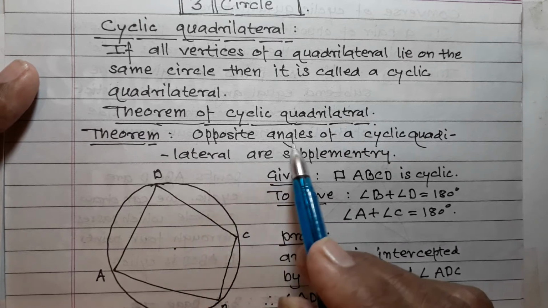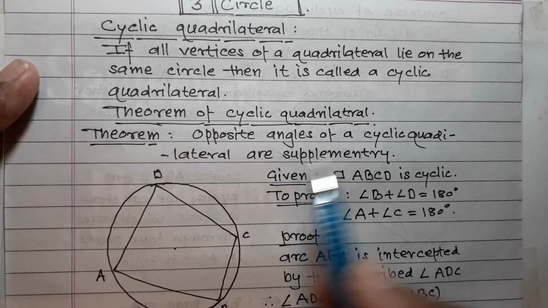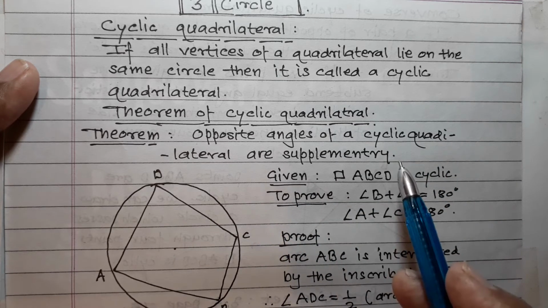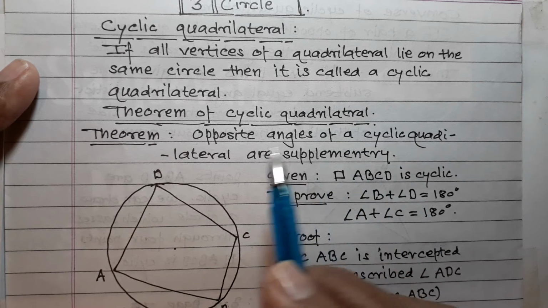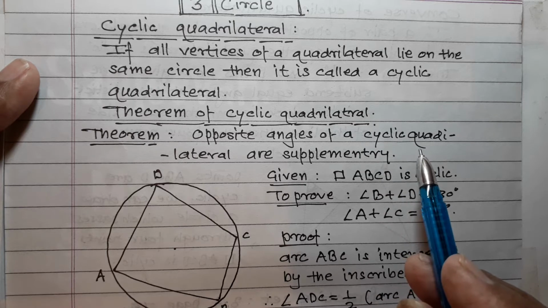Theorem: opposite angles of a cyclic quadrilateral are supplementary. Supplementary means the sum of the angles is equal to 180 degrees.